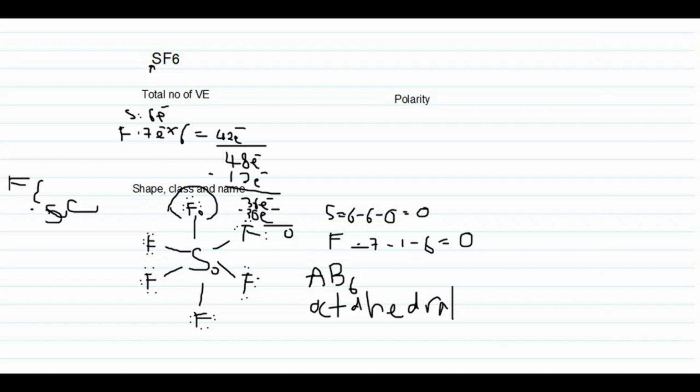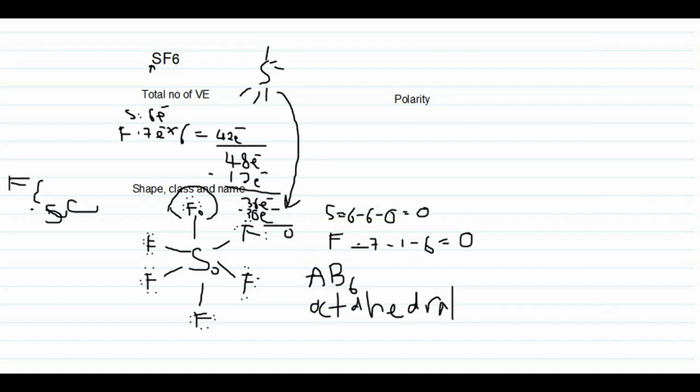For my case, because I've already drawn it correctly, I don't have to change the shape. Alright? So let's say if you make your structure something like 1, 2, 3 there, 1, 2, 3 there, you have to convert into the correct structure first, then only you proceed with the next stage.